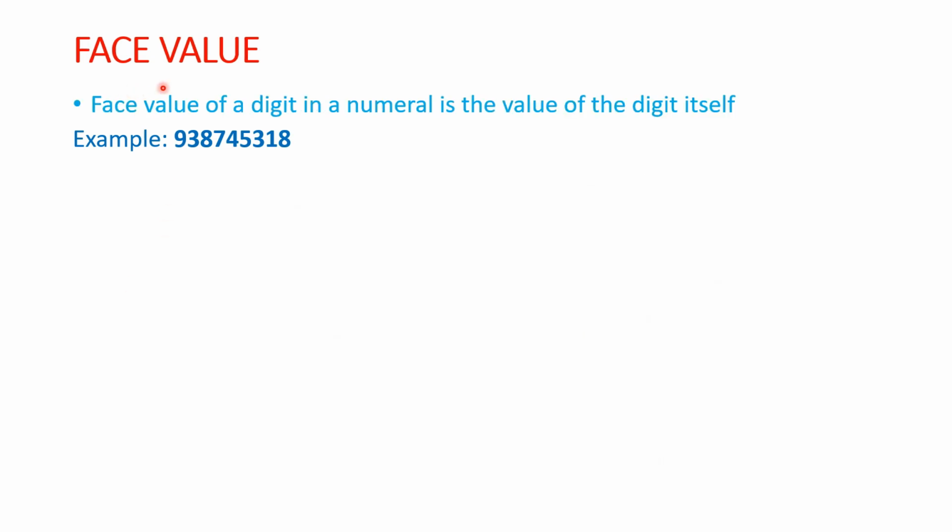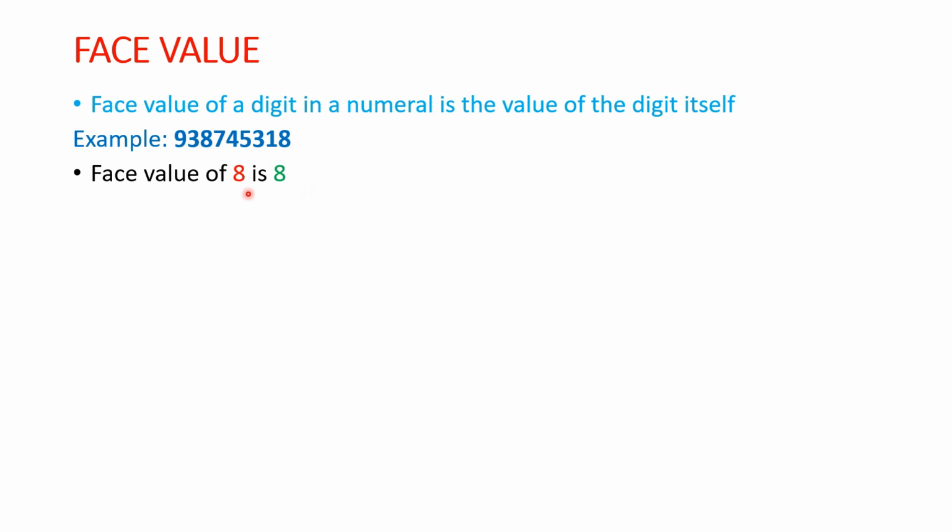Okay, let's see about face value. Face value of any digit in a numeral is the value of the digit itself. For example, consider a numeral which is 938745318. We are going to calculate the face value of each digit in this numeral. So here the face value of 8 is 8 because the face value of any digit in the numeral is the value of the digit itself.